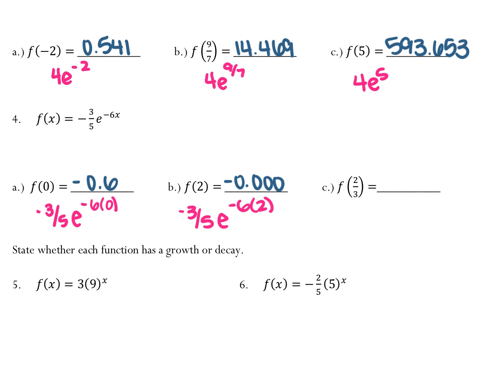Then you have f of 2/3 for c, so it's going to give us negative 3/5 times e to the power of negative 6 times 2/3. So again, plugging that into your calculator, and rounded to the 3rd decimal place, that gives you negative 0.011.